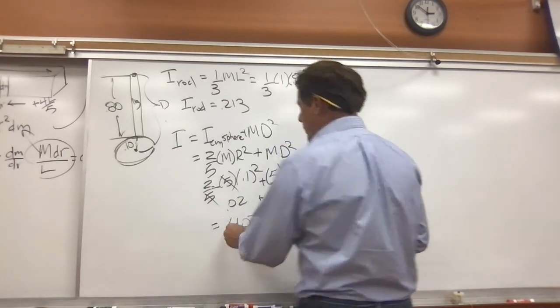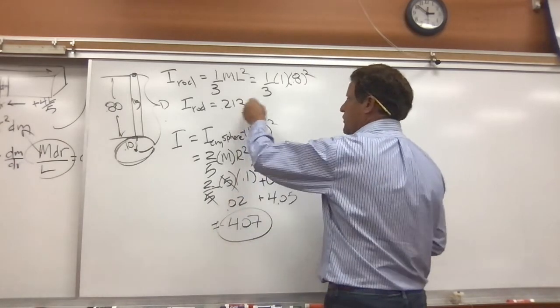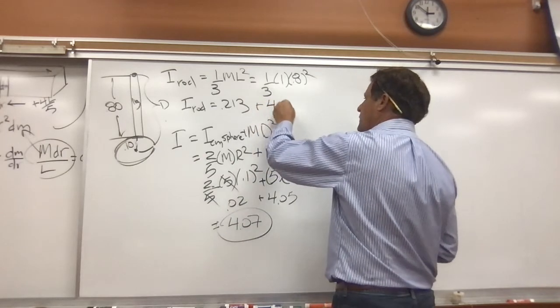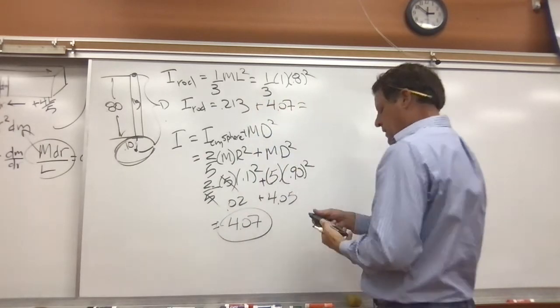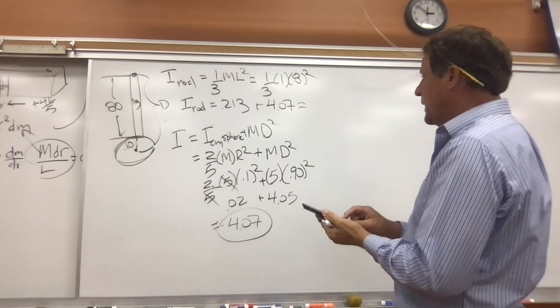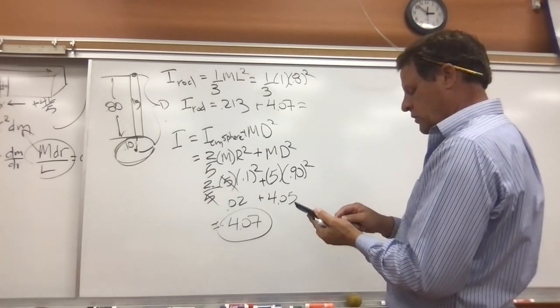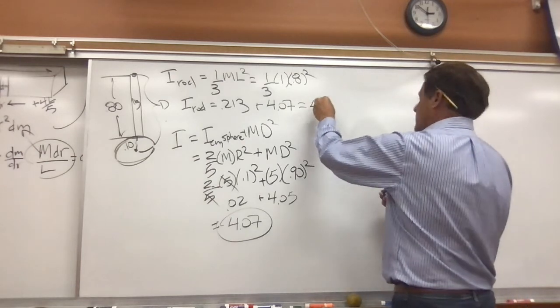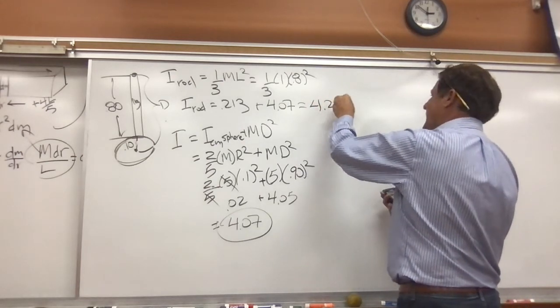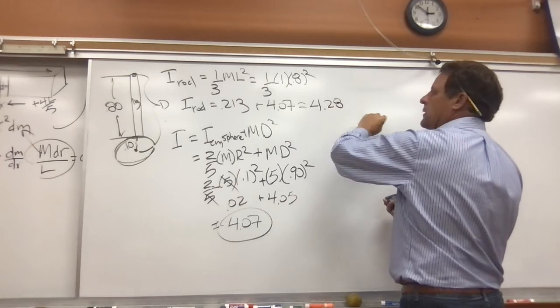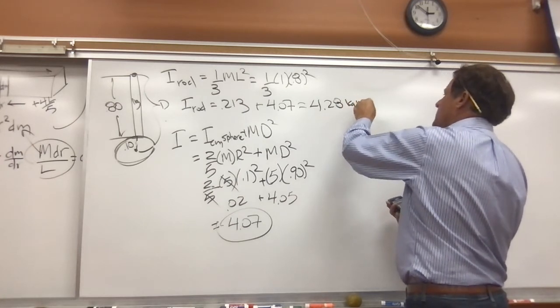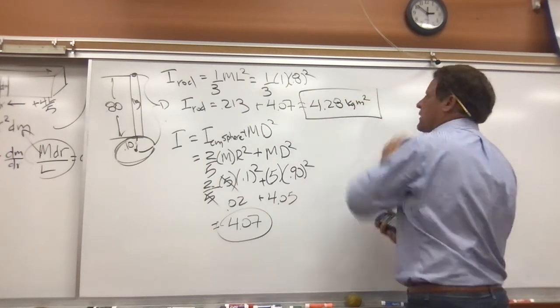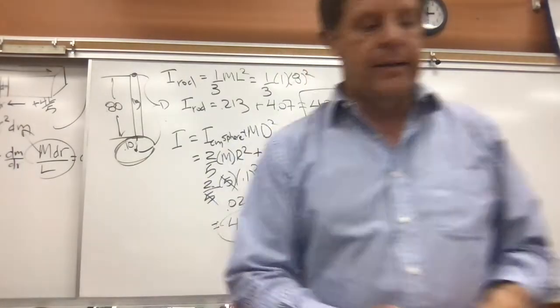And we're going to add this to 0.213, and that's going to give us 4.28 kilogram meter squared. Okay, so that is our total I there.